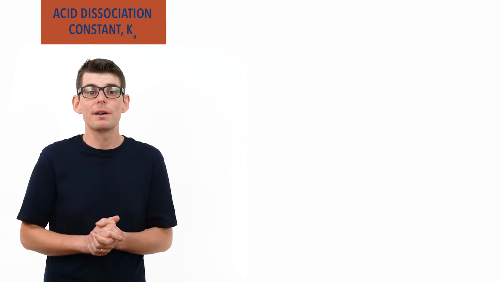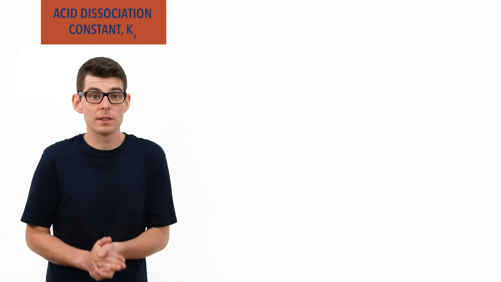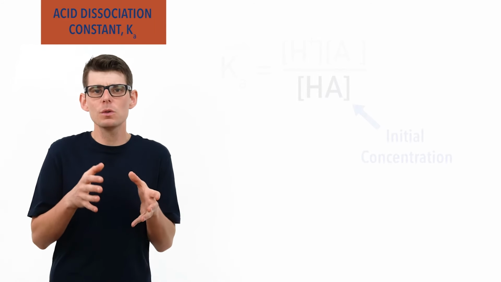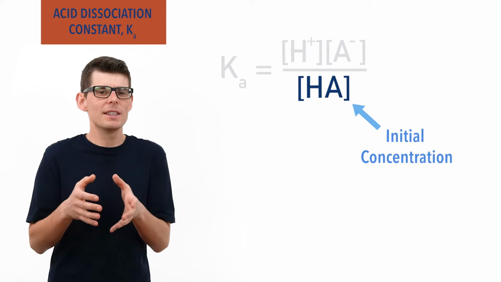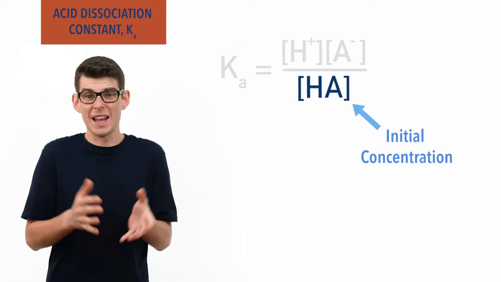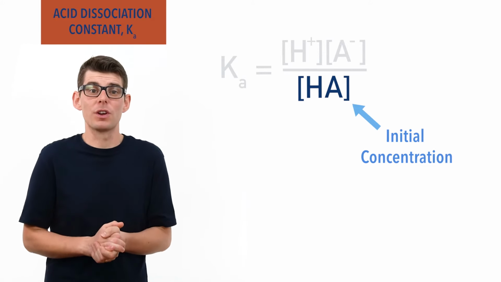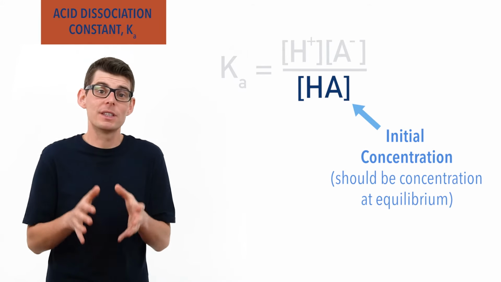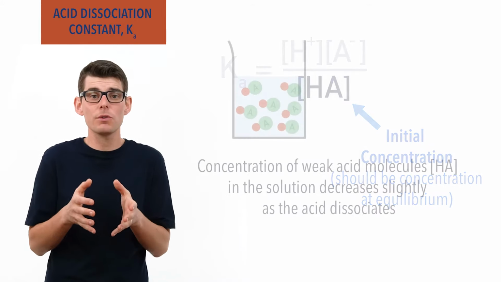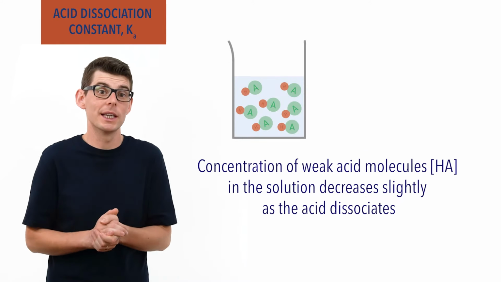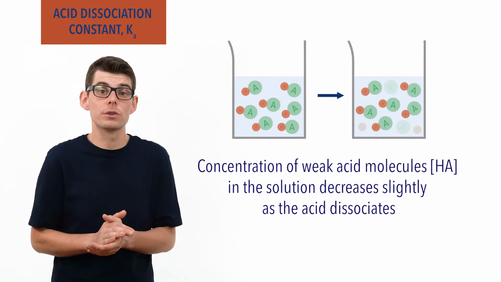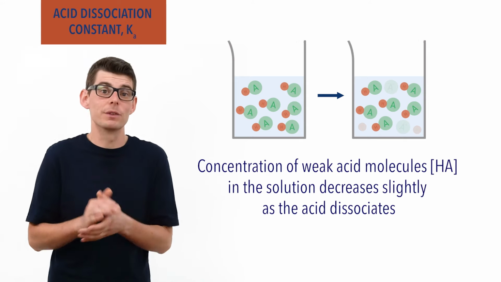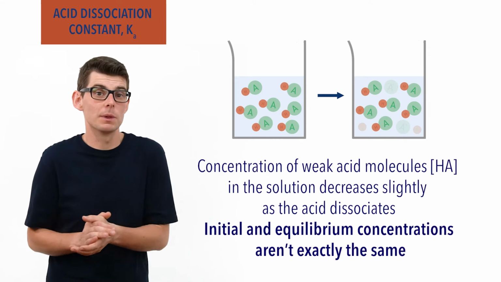One thing to point out here that you may already have noticed is that we have used the initial concentration of weak acid in the Ka calculation, when actually it should be the concentration of weak acid at equilibrium. The point being here that as the acid dissociates, its concentration will decrease slightly, and therefore the initial concentration won't be exactly the same as the concentration at equilibrium.